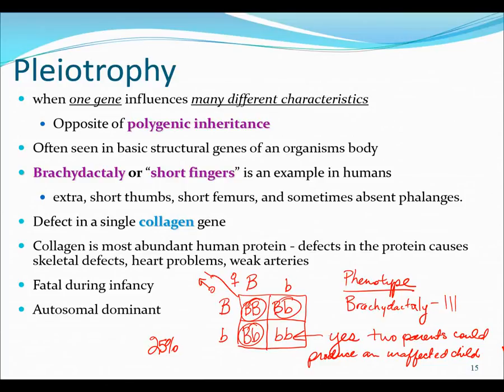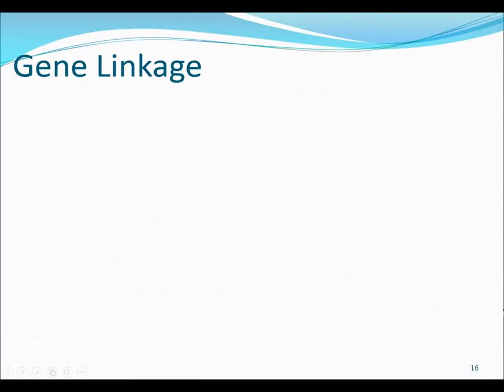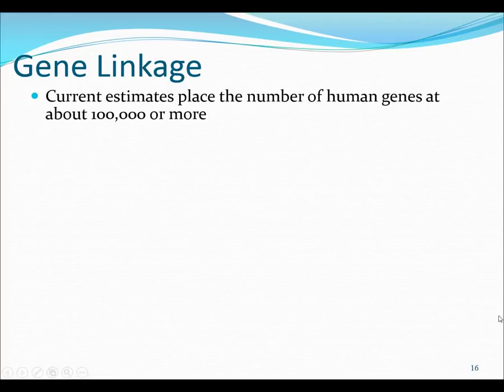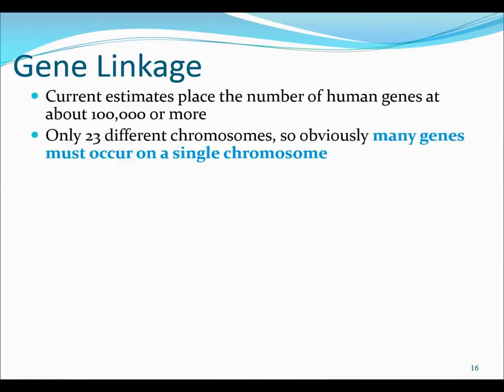All right, let's keep moving. That was pleiotropy. Gene linkage. Now, current estimates place the number of human genes at about 100,000 or more. There's only 23 chromosomes, so that obviously tells us that there have to be many genes on a single chromosome. If you remember what a chromosome looks like, here is a chromosome that's all wound up.